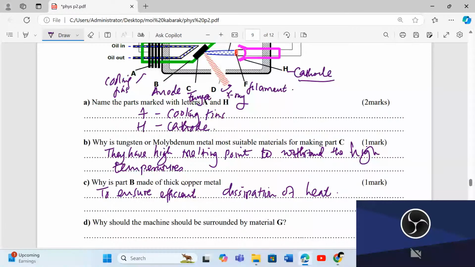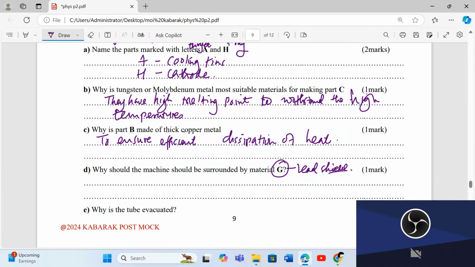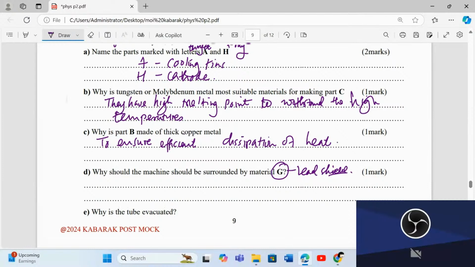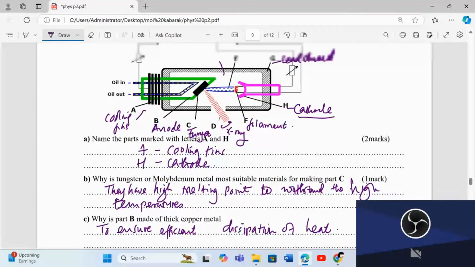Why should lead be used in this part? Remember, X-rays have side effects to the operators. Therefore, we need to protect them. We need to guard them from what we call stray X-rays.